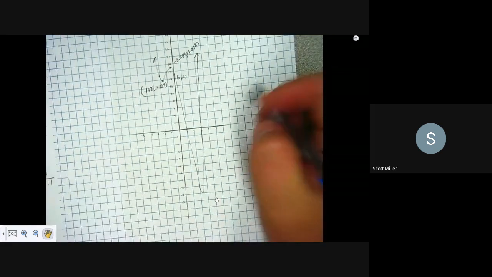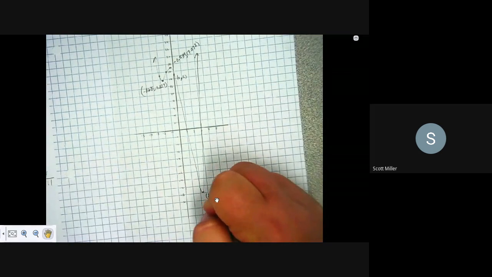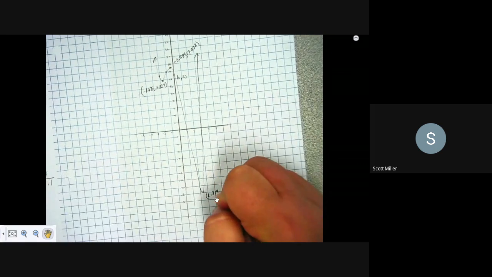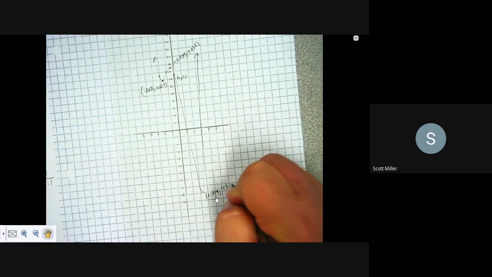And this point down here was 2.214 and negative 17.898.